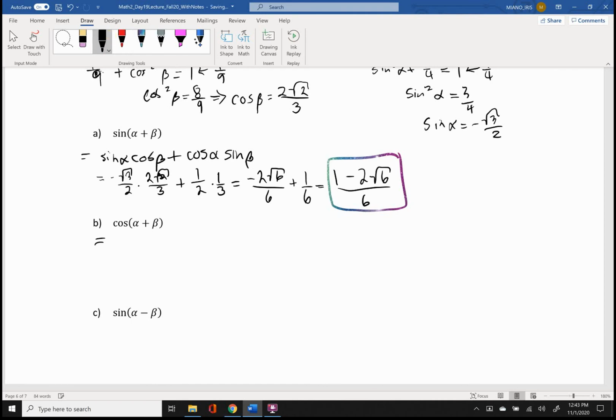Let's do the cosine addition of the two angles alpha and beta, and that'll be cosine, cosine, sine, sine, where the sign is going to change from addition inside the argument to subtraction in the resulting formula. So that'll be cosine, cosine, sine, sine.